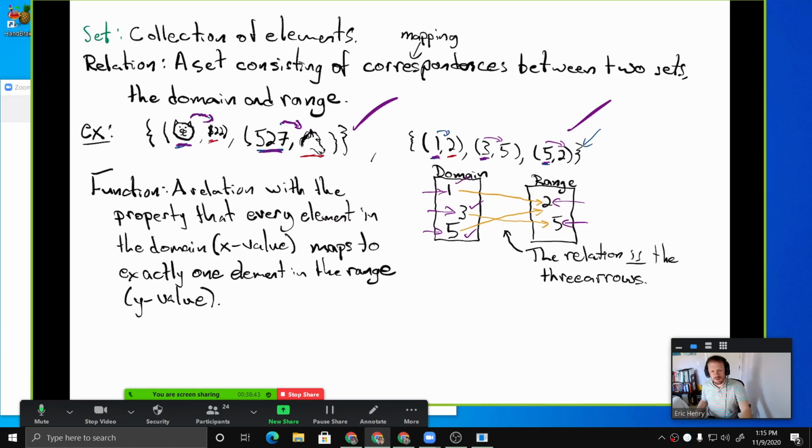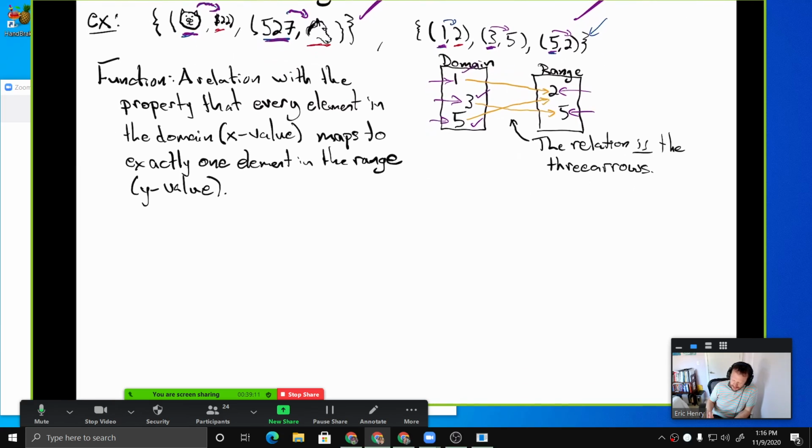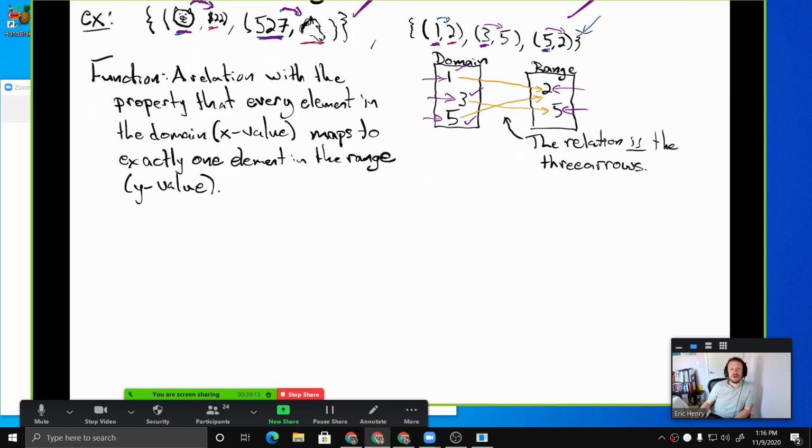But before we get the new word, let's try and think about this question in a graphical context. So what does this look like in a graphical context? And how can I tell if a relation is a function by looking at its graph?